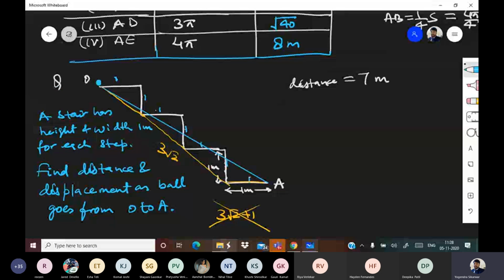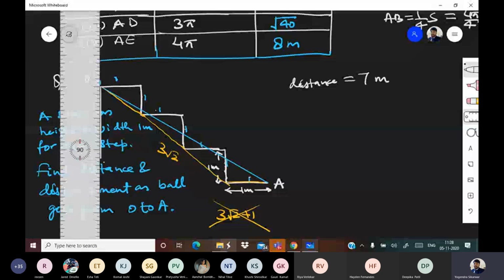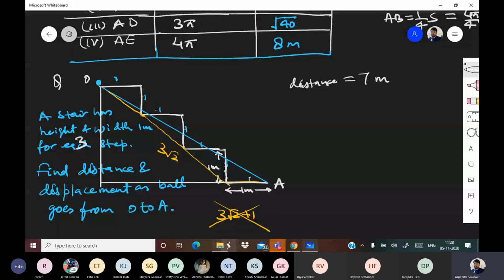If you see, this is how much, and this is how much. So this value is 3 because these are 3 steps which you are coming down, and this value is 4.